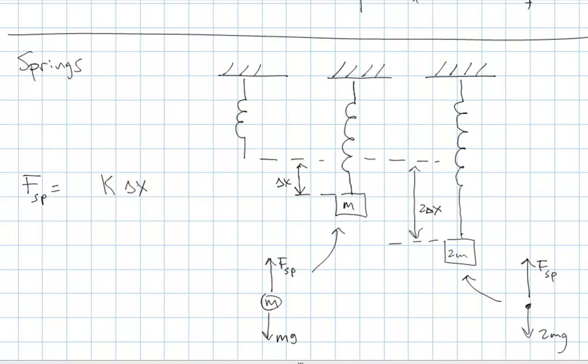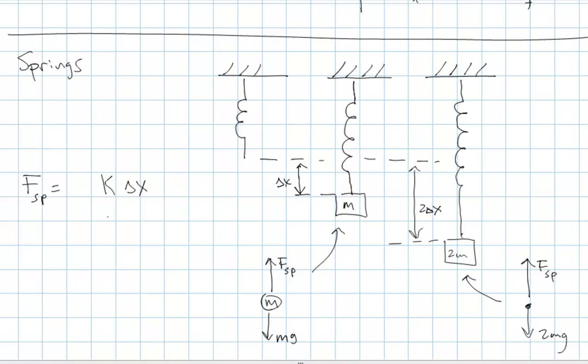If k is a big number, it's hard to stretch. It takes a lot of force to get it to stretch a little bit. So k is the spring constant. Delta x is how much it's stretched or compressed. Some springs you can compress, some springs you can stretch, some springs you can do both. So that's the amount it is stretched or compressed from its equilibrium position.